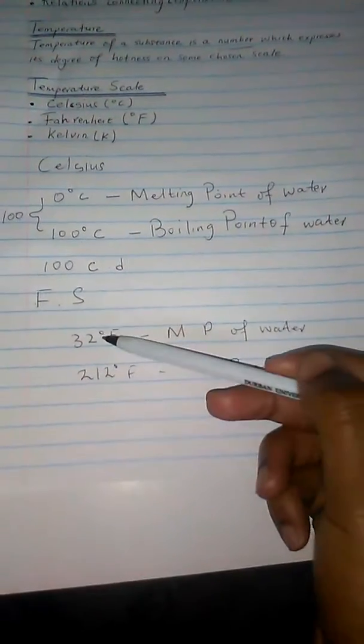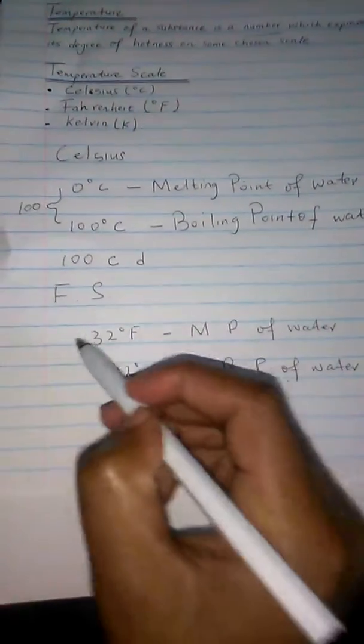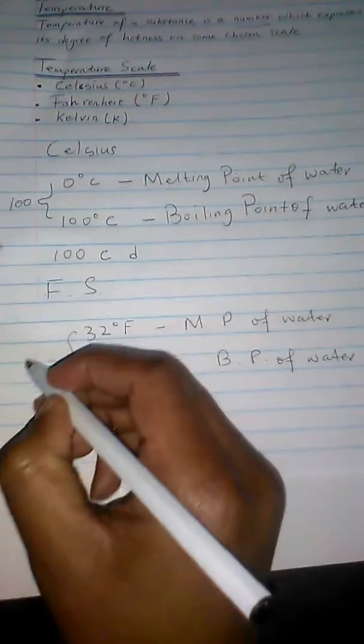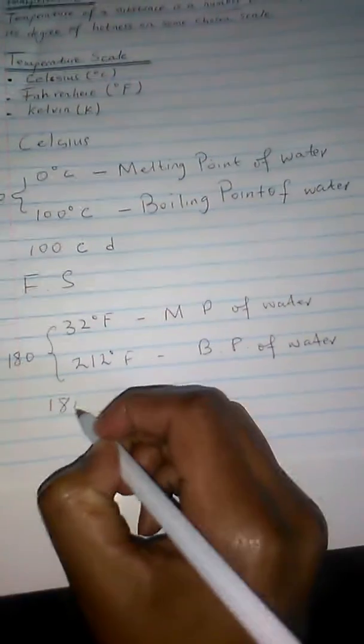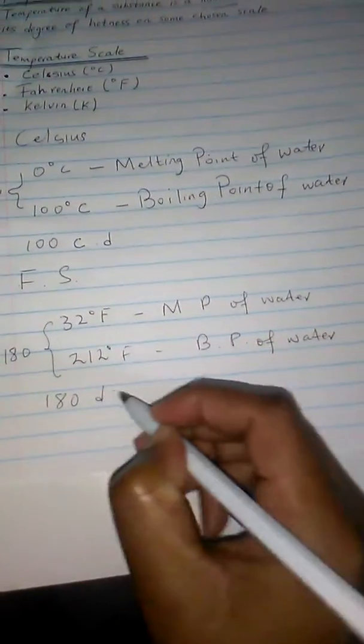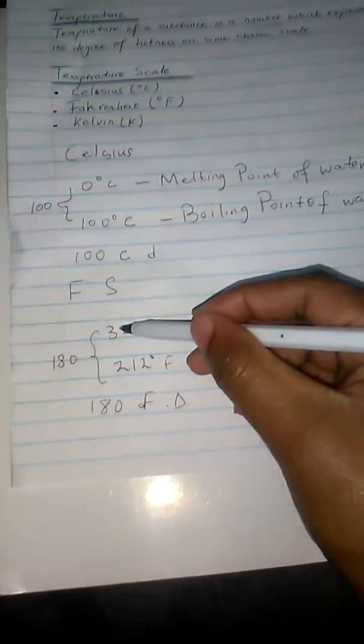So now we know the boiling point and the melting point. If we take the difference, we will get 180. So it means that for the Fahrenheit scale, there are 180 Fahrenheit degrees between the melting point and the boiling point of water.